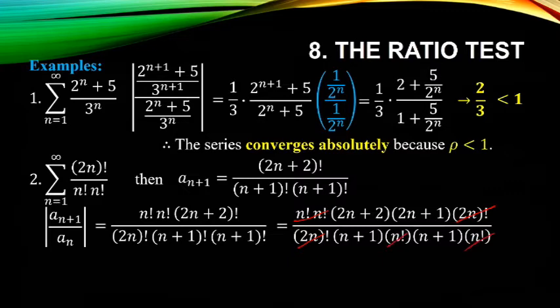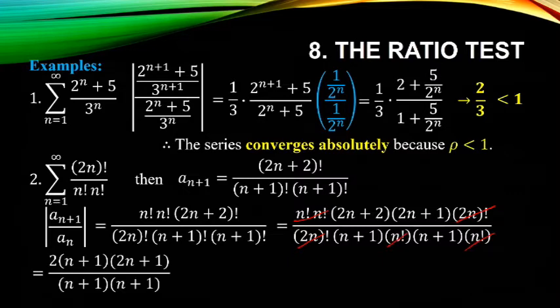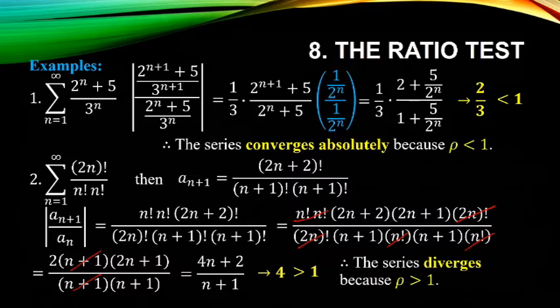What would remain is 2 times (n plus 1) times (2n plus 1) over (n plus 1) times (n plus 1). So we cancel out n plus 1. We have 2 times 2 is 4n plus 2 times 1 is 2, and the denominator is n plus 1. Evaluating the limit, this approaches positive 4. Since it is greater than 1, the series diverges because the limit is greater than 1.